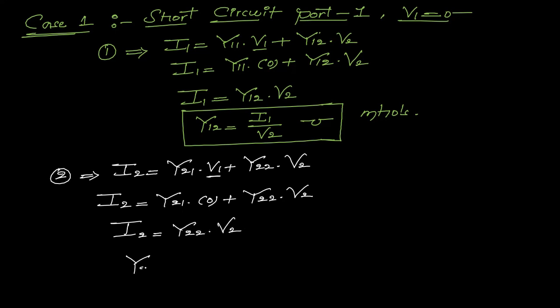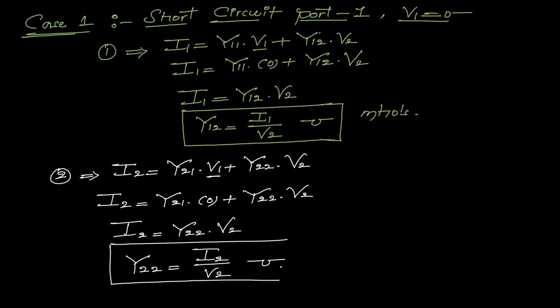From this expression Y22 is equal to I2 divided by V2. Again the unit of this Y22 parameter is mhos. So when we short circuit port 1, you got Y12 and Y22.